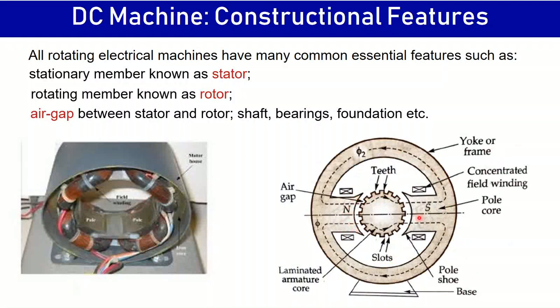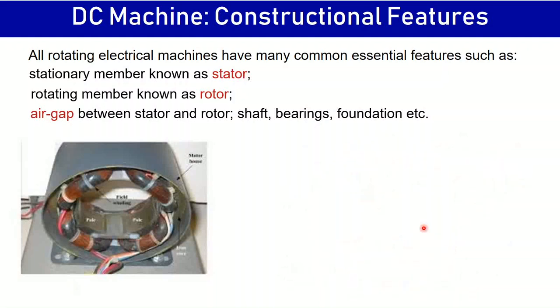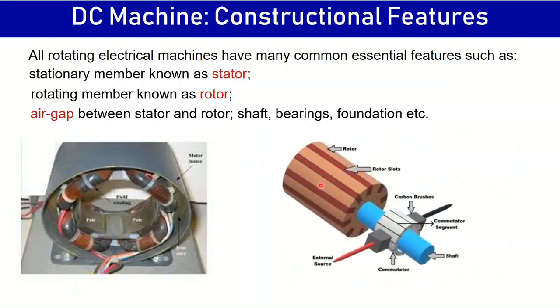These are the poles, north and south, and here this is the concentrated field winding. We'll discuss the details later on. Similarly, the rotor has a common shaft on which the commutator and the rotor core are installed. The rotor core consists of slots in which the armature conductors are placed. Then there are brushes which are stationary and are in touch with the commutator.